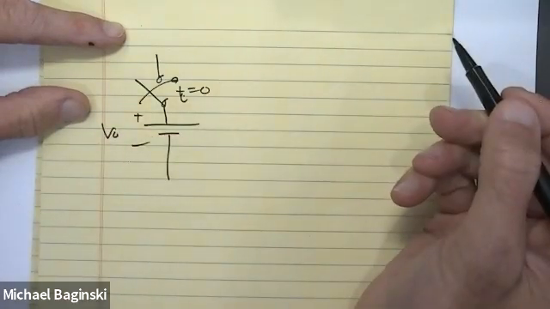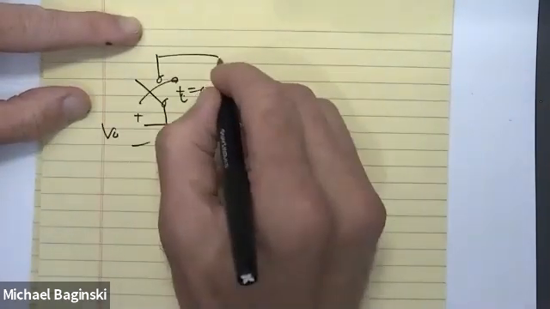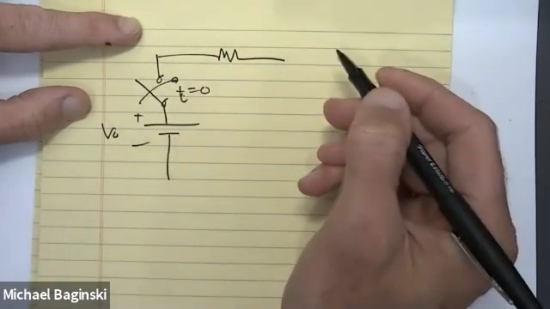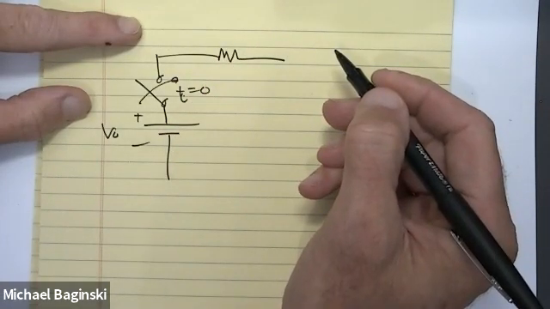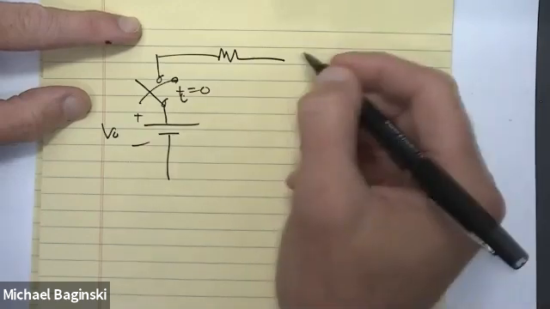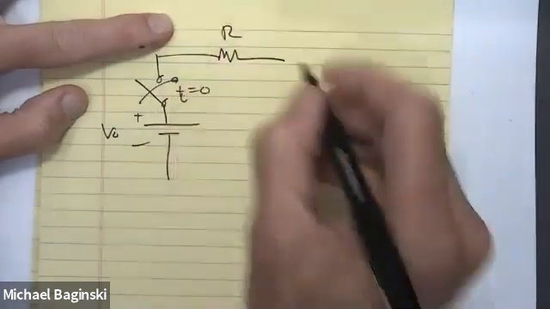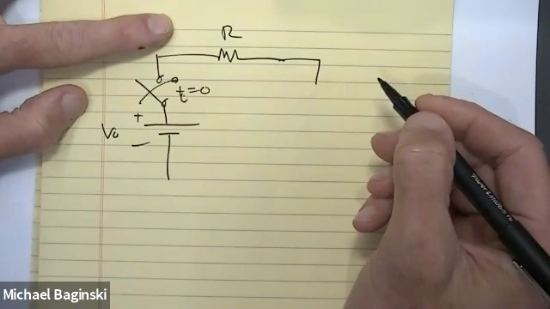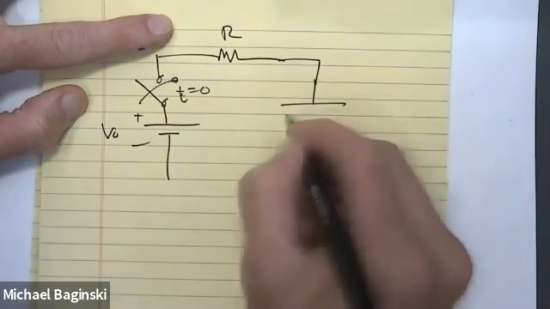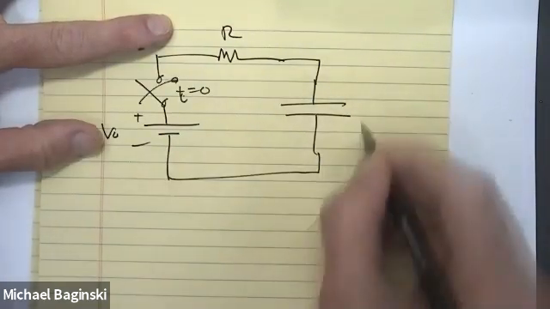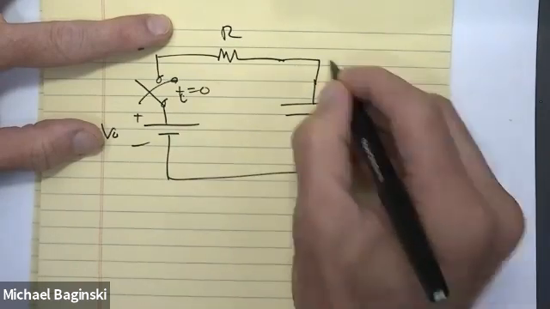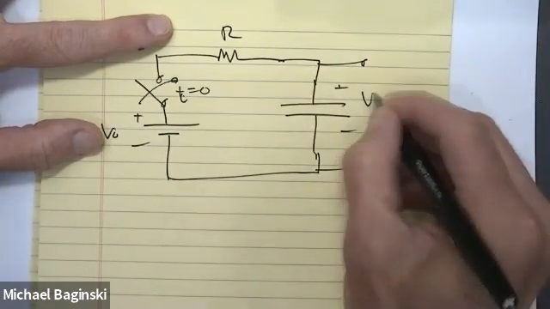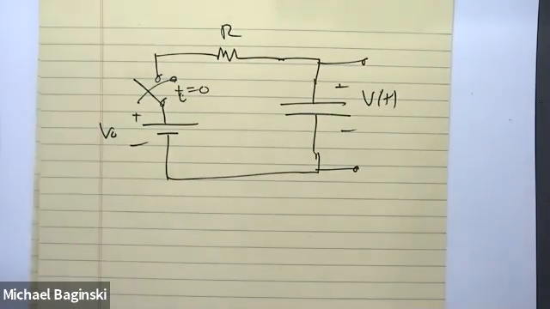When I say transients, it usually means I have some resistive element that will slow the rate at which the actual event occurs. In this case, it's going to be the charging of a capacitor, a device that stores energy. And I'm going to want to know the voltage as a function of time across that capacitor.